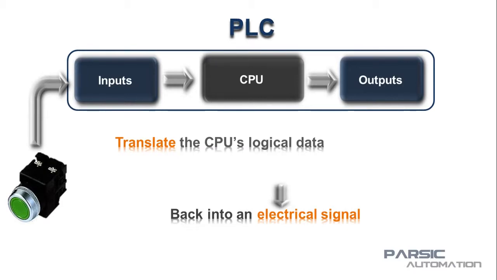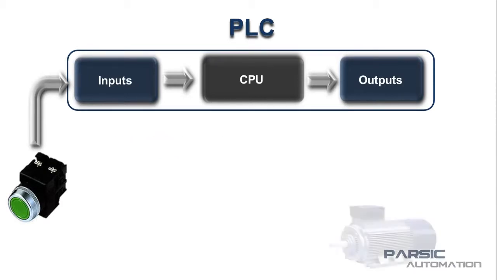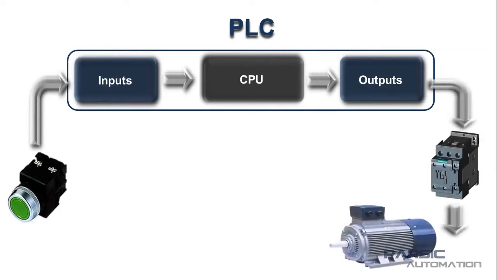For example, if we have an electric motor connected to a PLC output using a contactor, the contactor must be triggered electrically so that when it's activated and deactivated, it will turn the motor on and off.